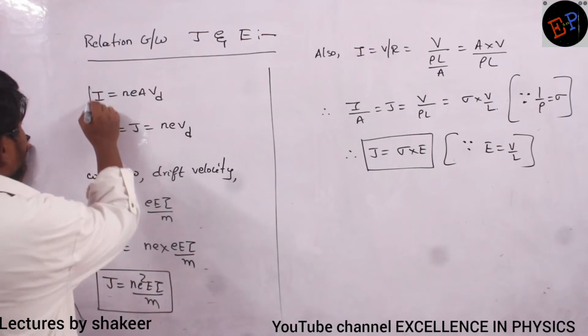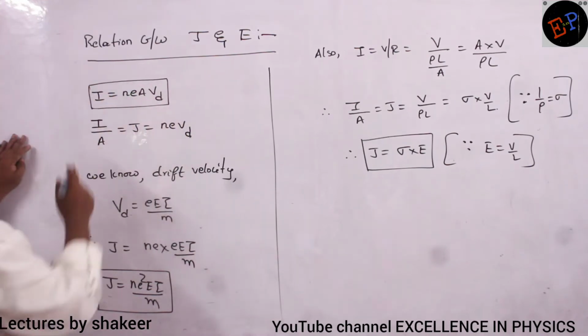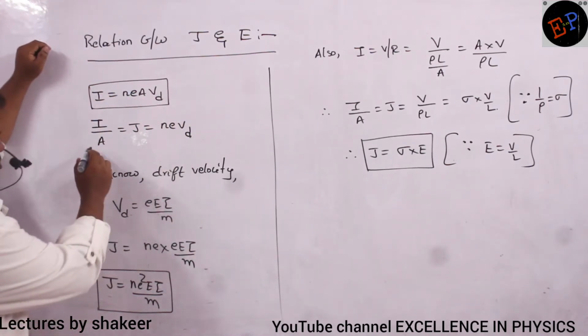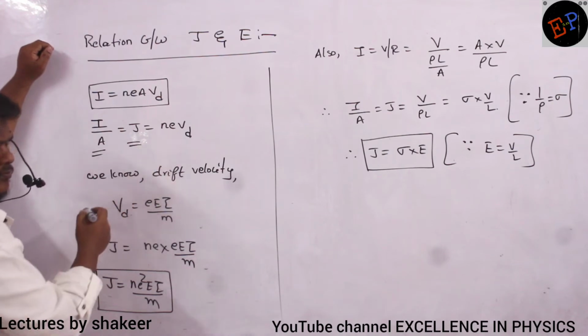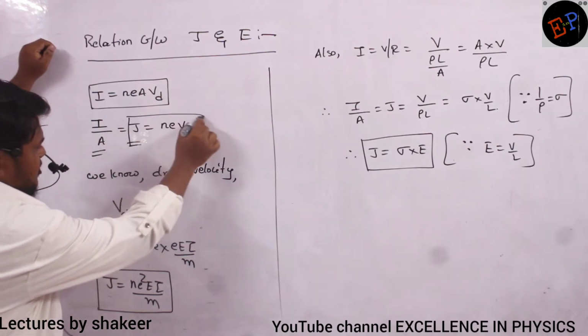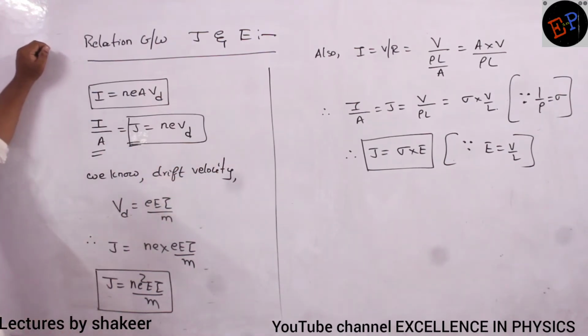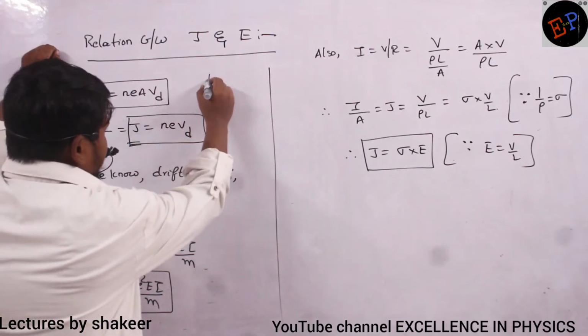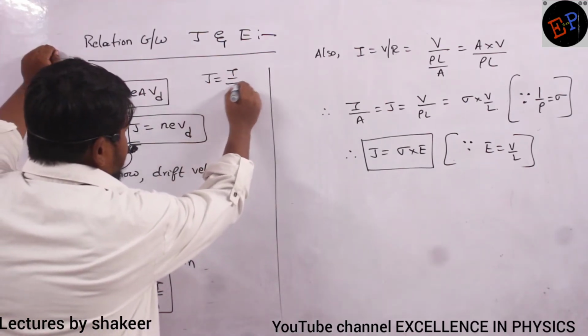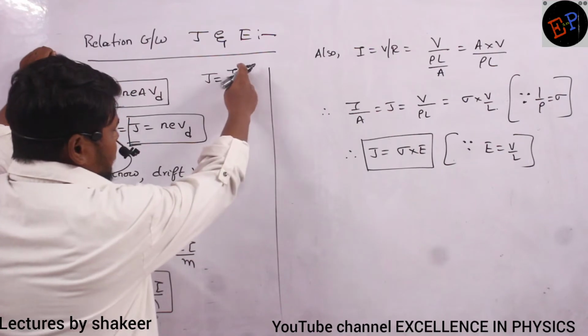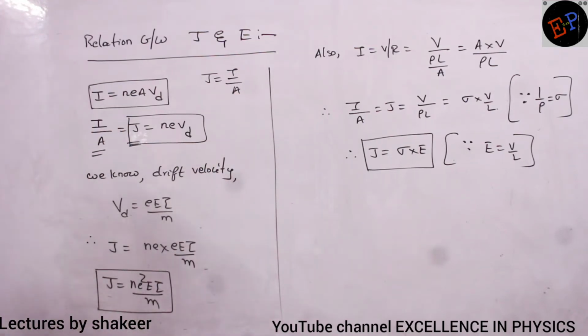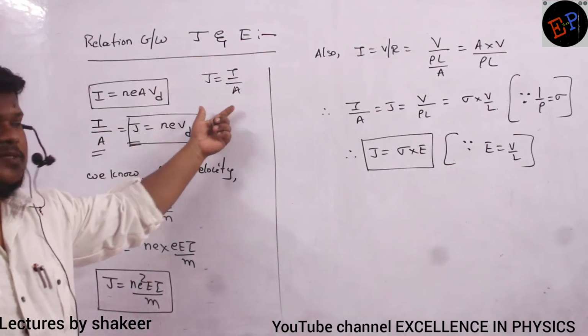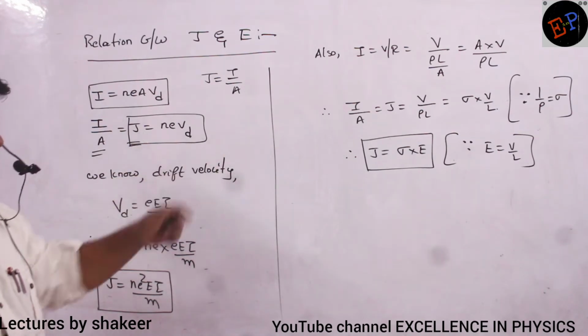We have this relation, no? I is equal to n e A v_d. So I by A will become J. So this is one equation of J: n e v_d is another equation. Yesterday we wrote one equation, J is equal to I by A. The amount of current flowing through unit cross-sectional area is called J. This is the second formula, n e v_d.